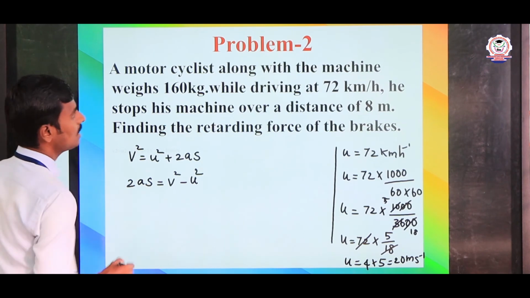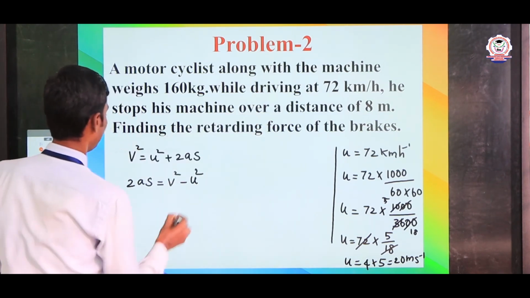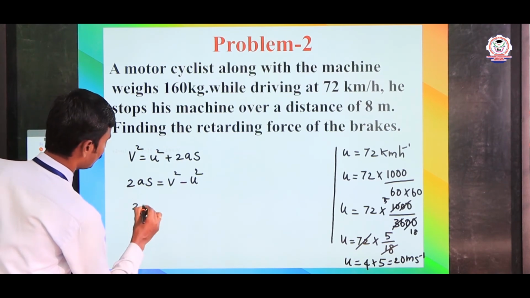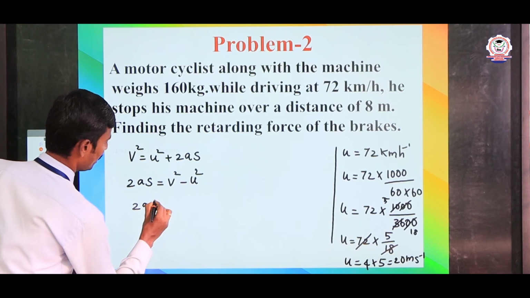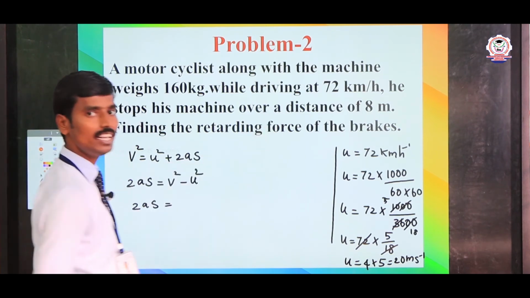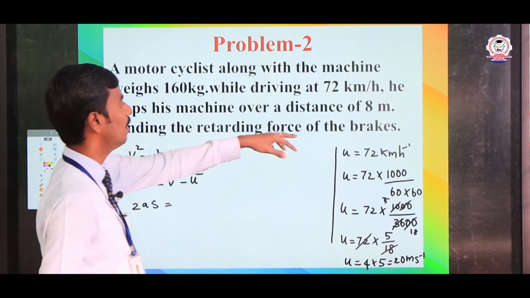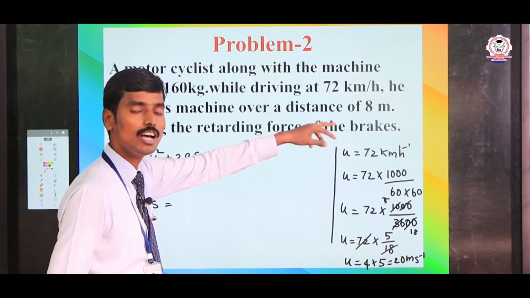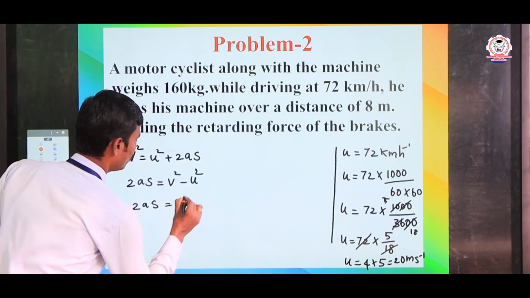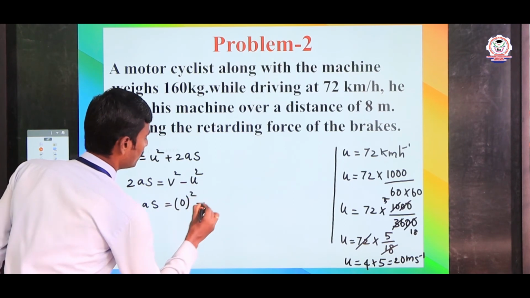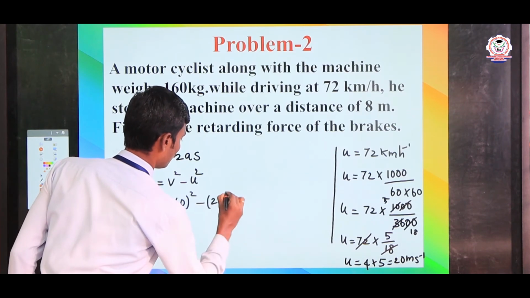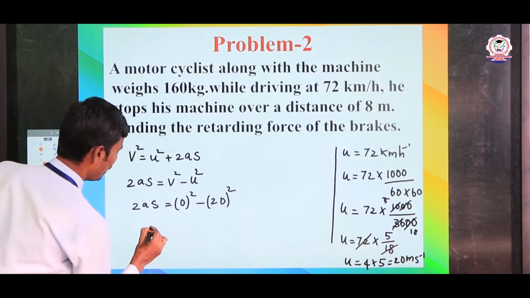Here S is the displacement, 8 meter. We need the acceleration only: 2aS equals V square minus U square. The final velocity is 0, because when the brakes are applied the object comes to rest. So 0 square minus initial velocity 20 square, which is minus 400.